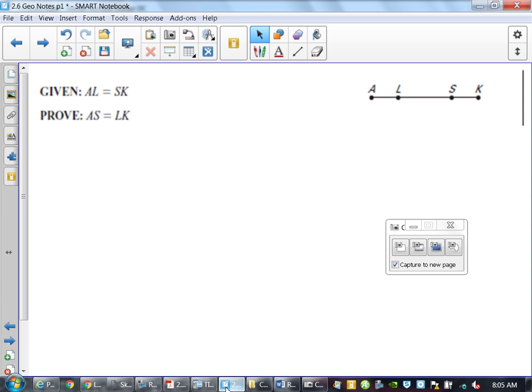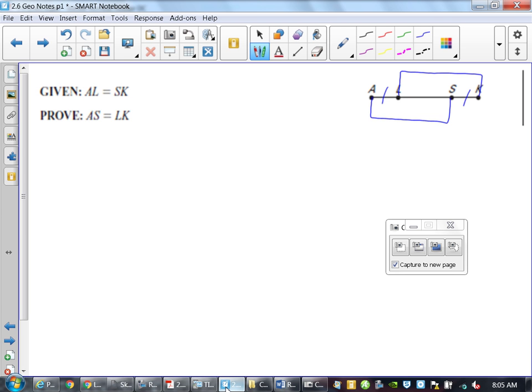We have a given statement that AL equals SK. We have a diagram. What do you think you should do to your diagram right away? Draw it and let's mark it. We know that those two things are going to be equal. What it wants us to prove is that these two are going to be the same.